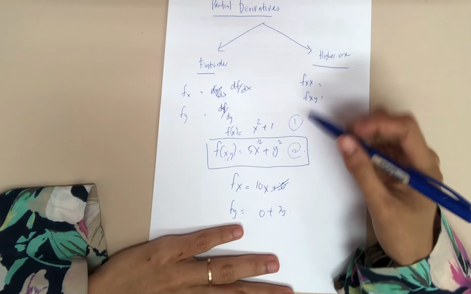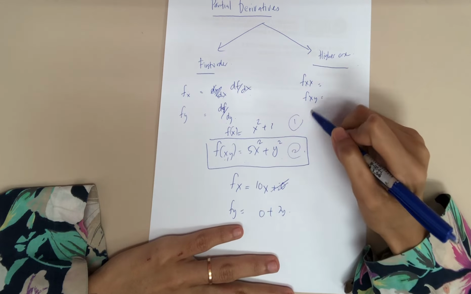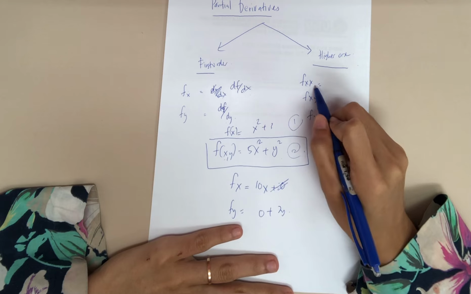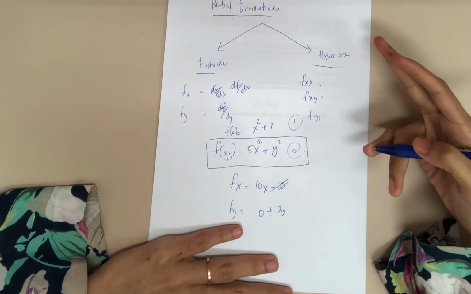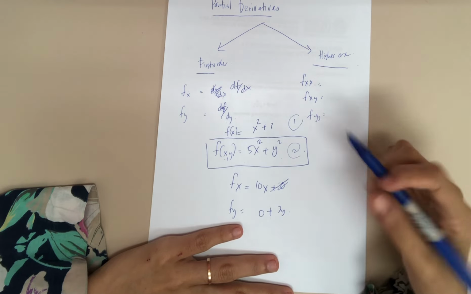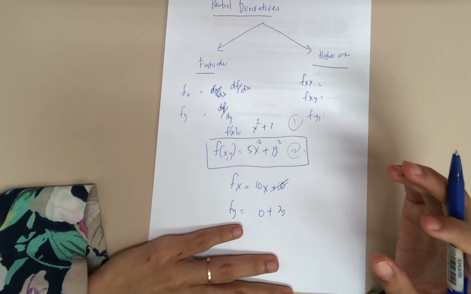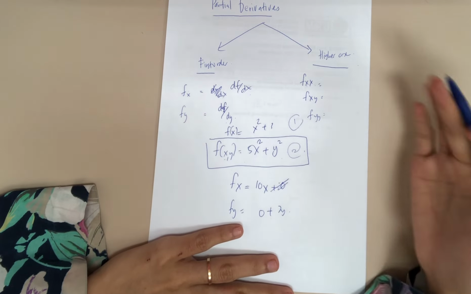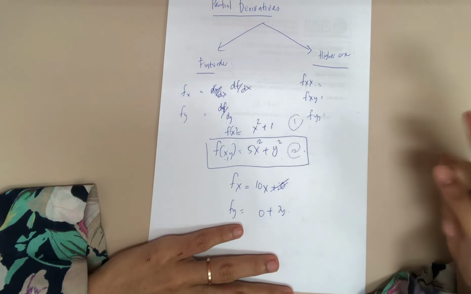I'll show you fxx, fxy and fyy. What fxx means is you differentiate your function with respect to x twice. You differentiate once with respect to x, get the answer, then using that answer, you differentiate again with respect to x.